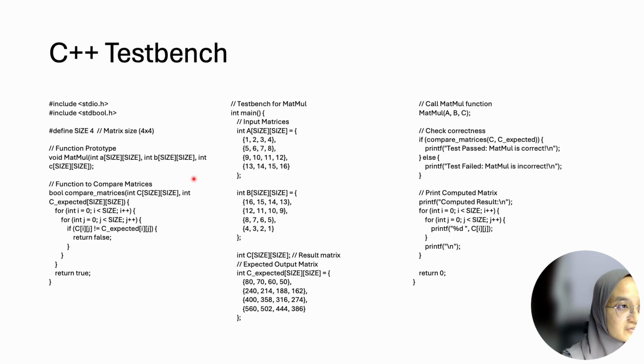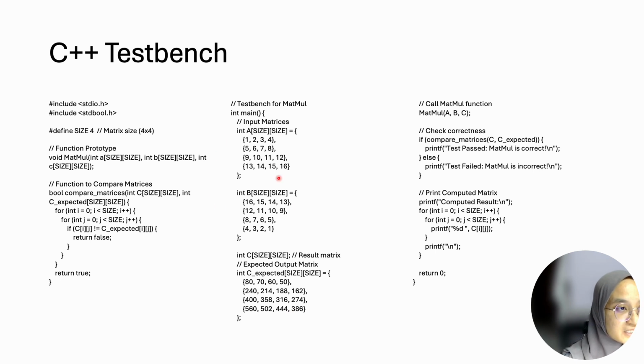I have also designed a C++ test bench, which is just to test the functionality of the design. In this case, I have one function to compare the matrices, and I have the expected output to compare the result from the design with these hard-coded expected outputs.